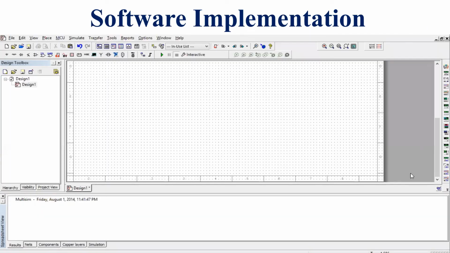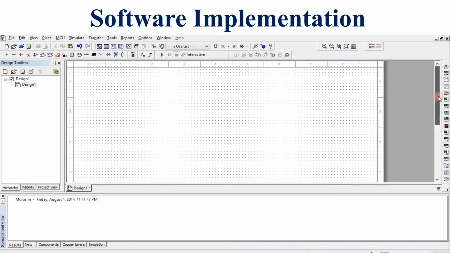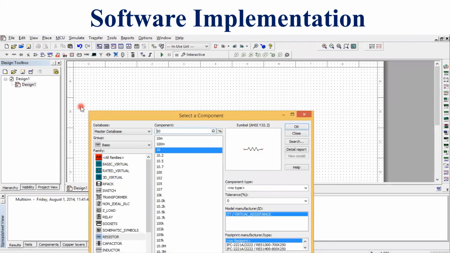To test KVL and KCL on simulation software, we move to NI Multisim. Here is the window of NI Multisim software. According to our circuit diagram, we have to place two resistances and one voltage source. Moving towards this block, place the resistance of 10 ohms first, then place the 50 ohm resistance.